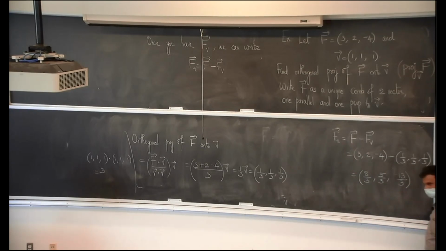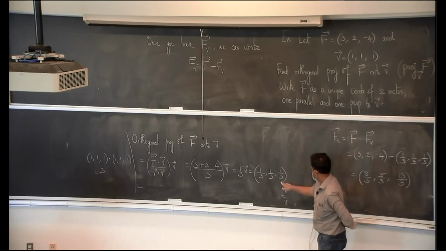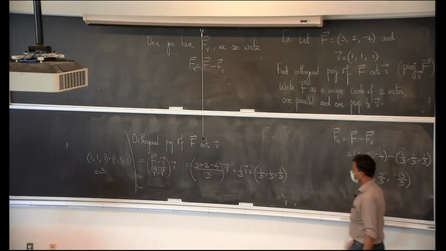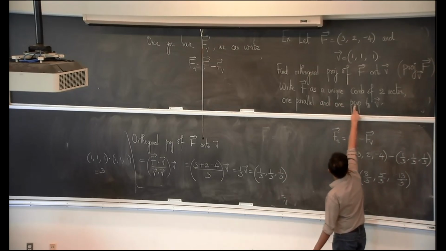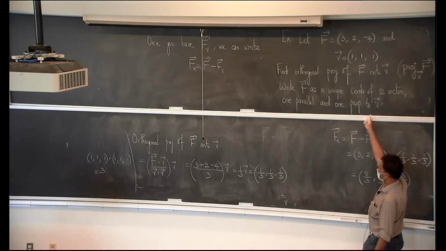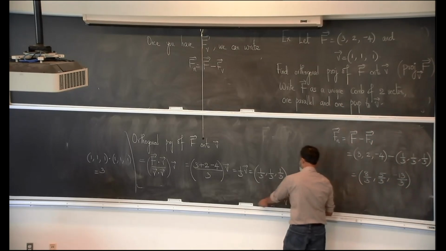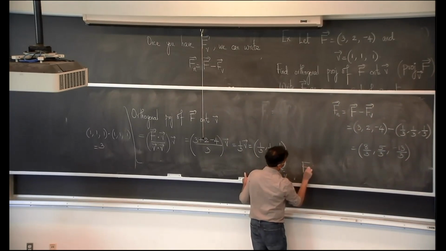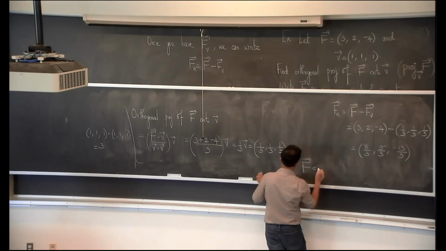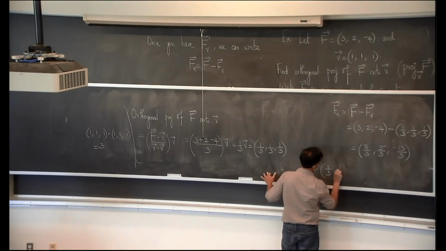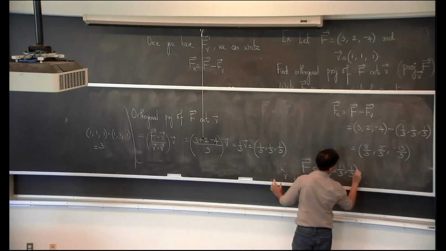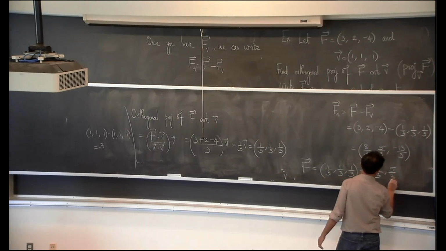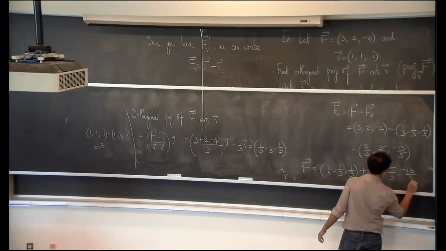So now we have a unique decomposition of that vector F into two parts. This plus this is always going to give you F. That is the last part here: write F as a unique combination of two vectors, one parallel, one perpendicular. So that's going to be F equal to 1/3, 1/3, 1/3 plus 8/3, 5/3, negative 13/3.